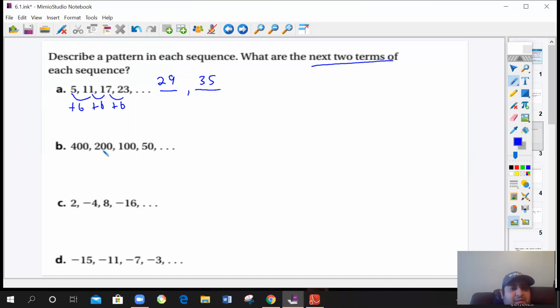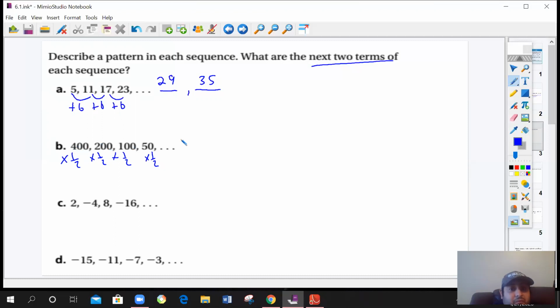All right, let's look at this one on part B. We notice that it's been a decrease by 200, and then over here by 100, and then over here by 50. So this is not going by adding or subtracting because you need to have a common number. Basically, what's going on is that they're multiplying by a half, times a half, times a half, and times a half. So they're just multiplying it by half, or if you want to see it better, they're dividing it by 2 all around.